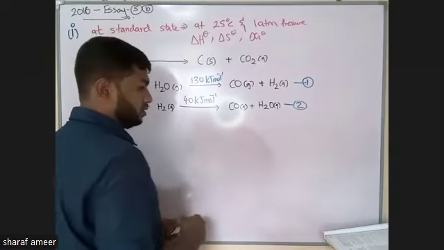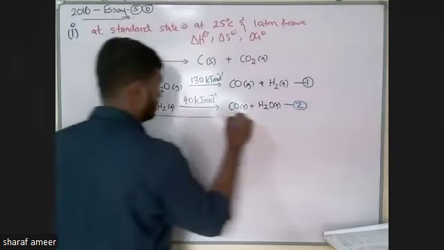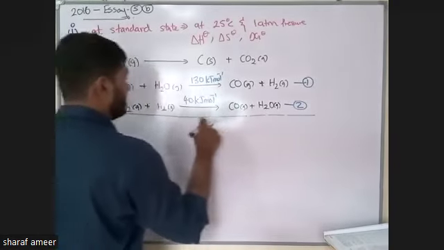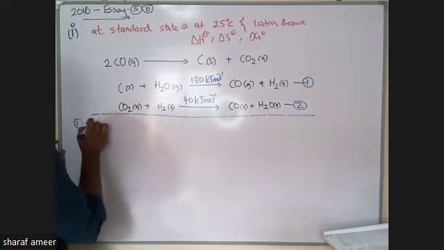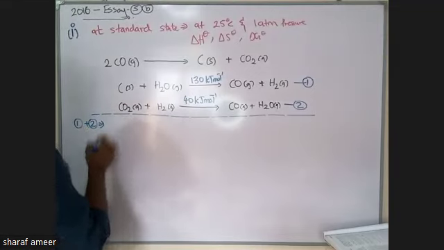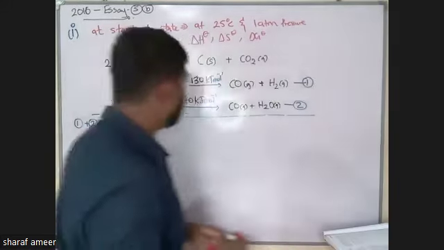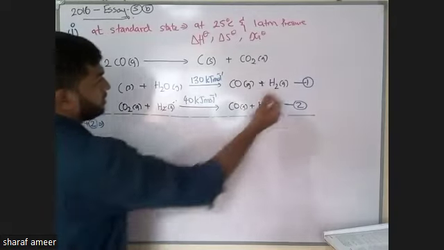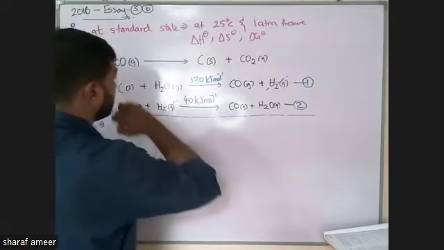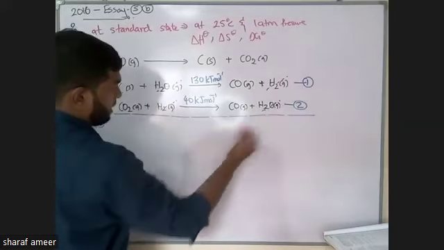So if you add all these equations here, 1 plus 2, you can cancel out H2 over this side and H2 over here, then H2O over here and H2O over here.